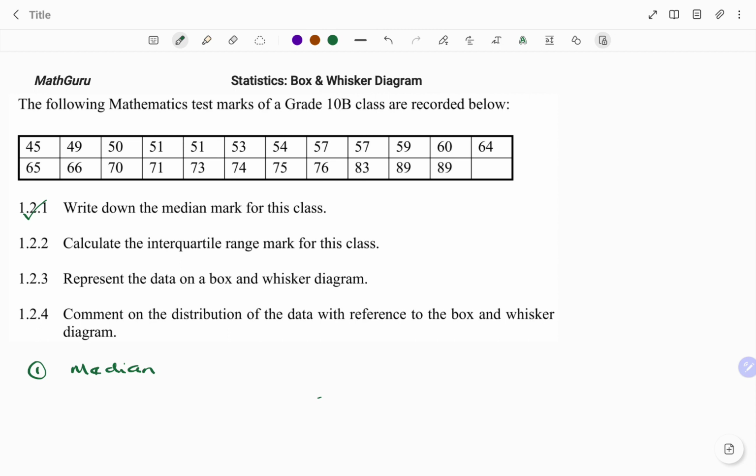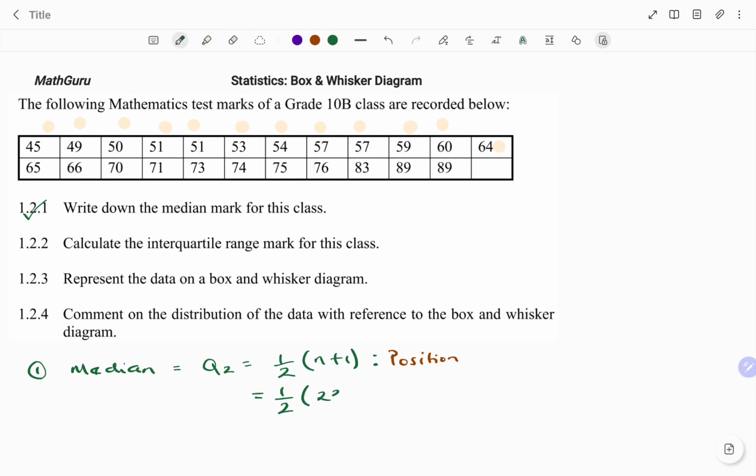finding the position of the middle number, and that is our median, which is also equal to our Q2. It will be half of the total number plus 1. Note that this will be the position of the middle number. So I count the total: 2, 4, 6, 8, 10, 12, 14, 16, 18, 20, 22, and the last number, 23.